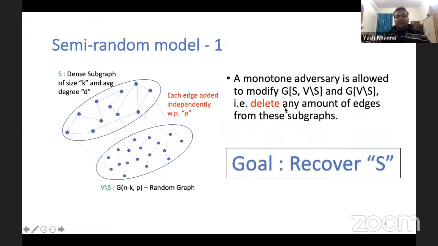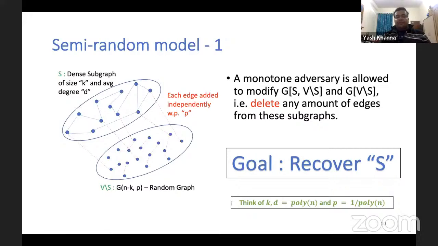And the goal is to ideally recover S from this. You can think of k and d as some polynomials of n and p as 1 upon poly of n. So we have set ourselves a higher goal: instead of having an approximation algorithm, can we possibly recover the planted dense subgraph S?